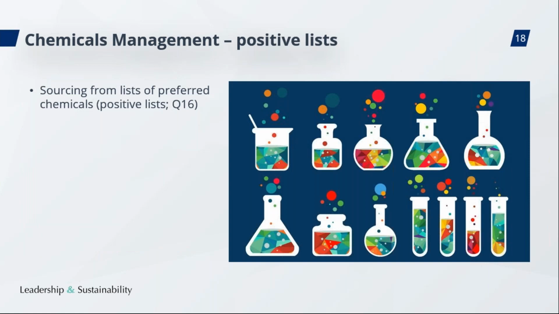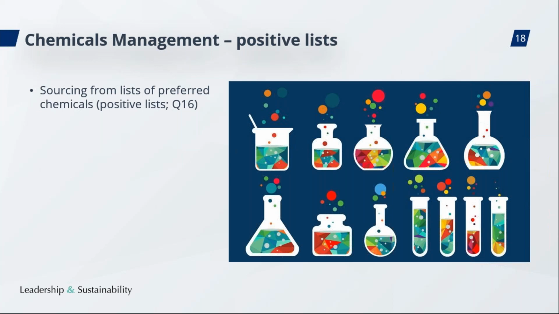This is a challenging question because it's not always clear-cut to differentiate between RSL and MRSL and positive lists. For many factories, complying with RSL is something you have been doing for many years, and now complying with an MRSL is already quite challenging. But then moving beyond that and buying chemicals from positive lists, that's quite a big step.